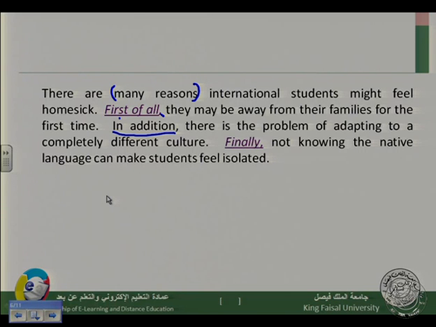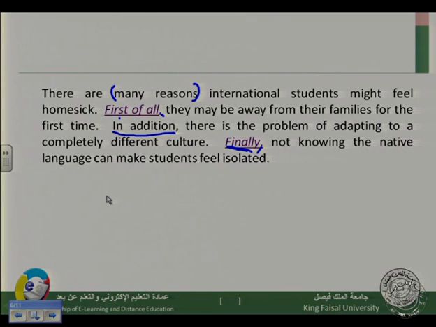And then finally, not knowing the native language can make students feel isolated. And here, finally, is written at the beginning of the sentence, and then followed by a comma.